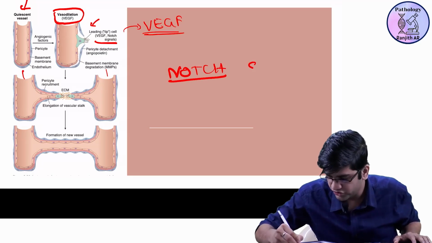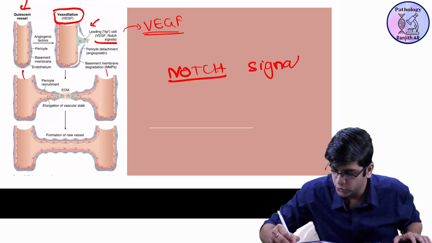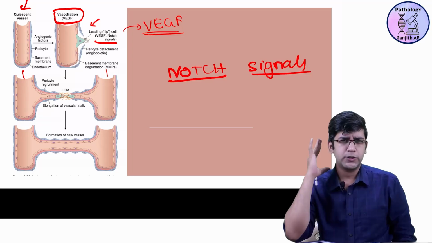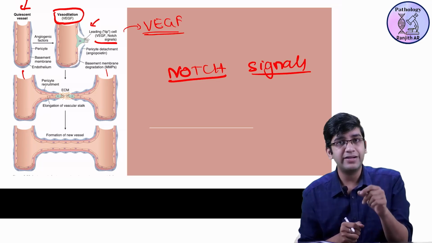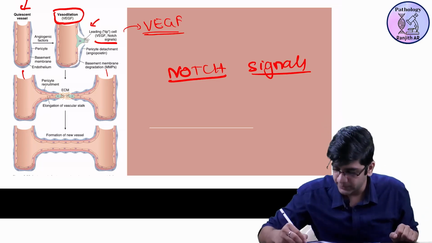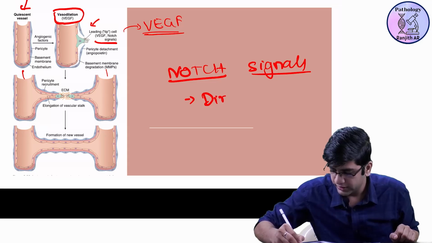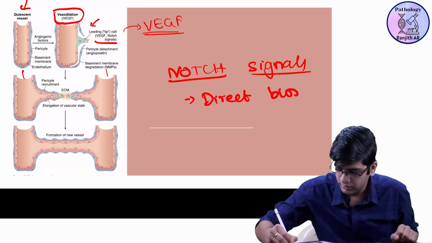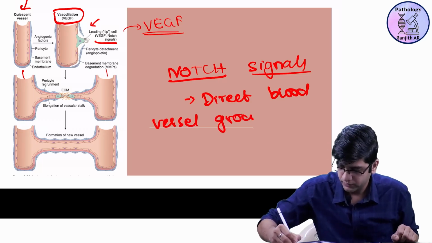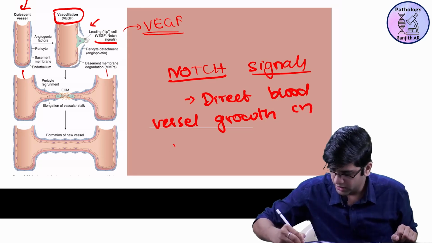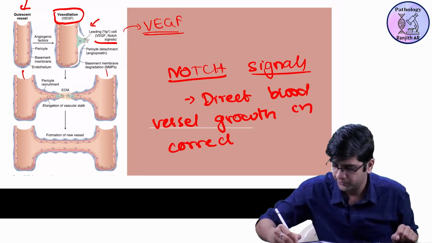There's something called Notch signaling. You must have heard about Notch signaling in your embryology as well. Notch signaling directs the blood vessels to go in the correct direction. These are the ones that direct the blood vessel growth in the correct direction.